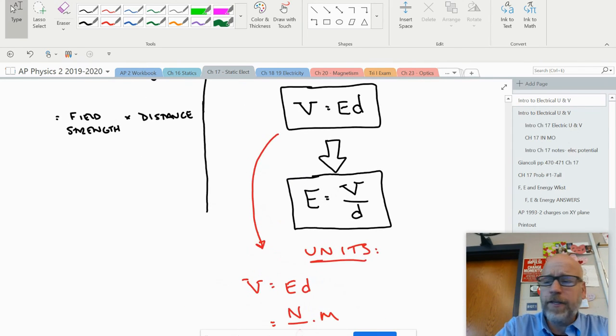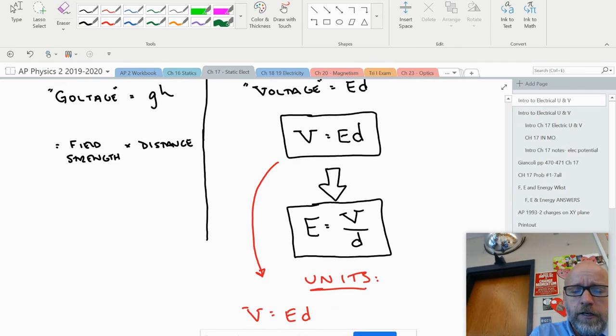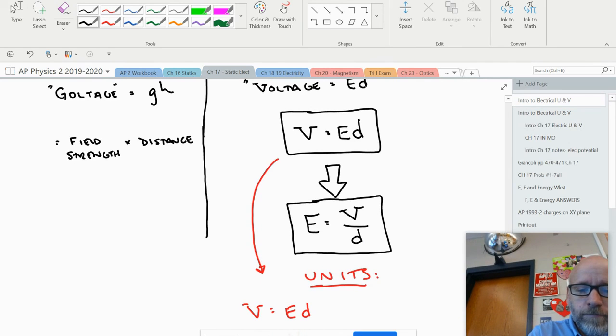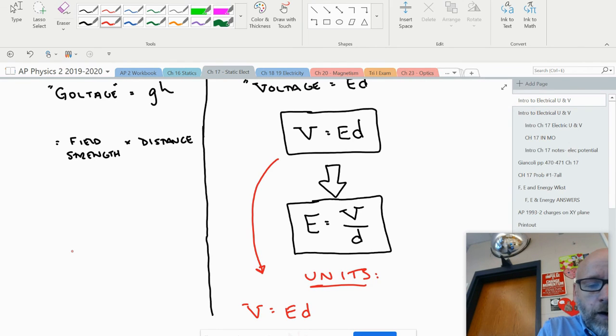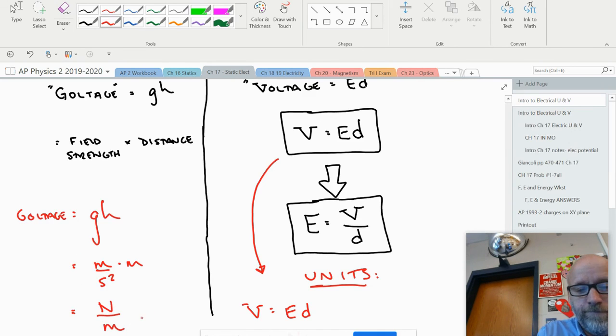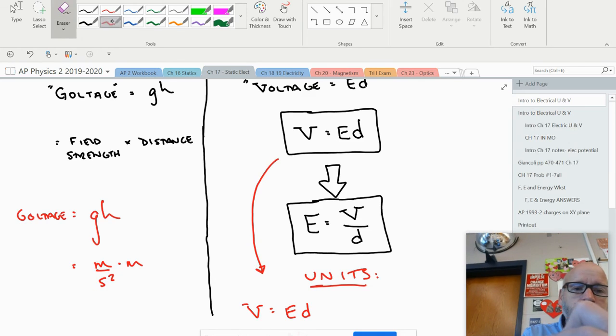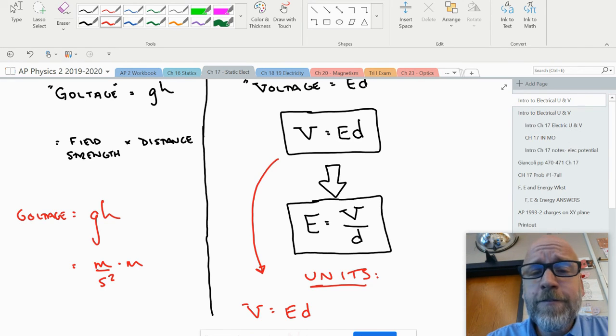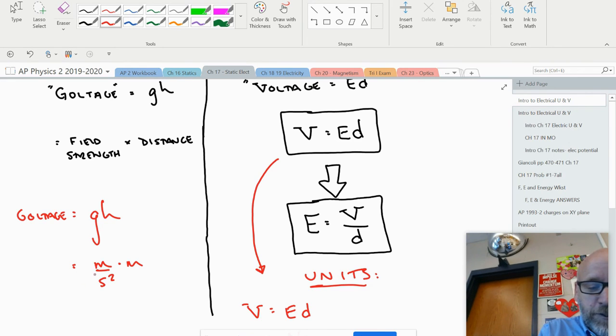Just to complete our notes here, if we were to take a look at gravity, what would this voltage be measured in? Well, if voltage is going to be gravitational field times distance, what are some other units that we could use for field strength? That's right, newtons per kilogram.